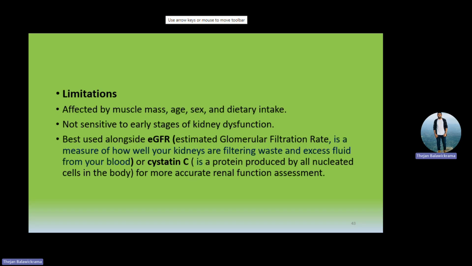When it comes to this, we talk about a medical term called estimated glomerular filtration rate. We know that kidneys are doing a filtering function. So what do we mean by the rate of filtration?